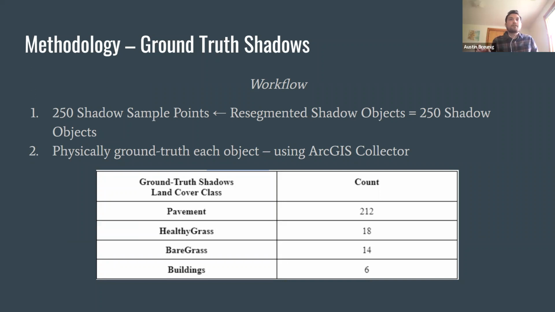The vast majority of those shadow objects were pavement, which makes sense because it's an urban area. This is the data frame that I will be using in the correlation tests, because now I have the ground truth, along with all the spectral metrics that I'll try to correlate and see what happens with the performance of that.